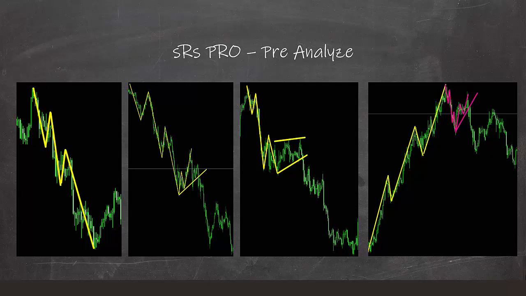It's important to mention that this is more aggressive as you are against the main trend, but it's still tradable, and if done properly with good risk reward management and a clear read of the price, the chances are with you. So that's the pre-analyzing.